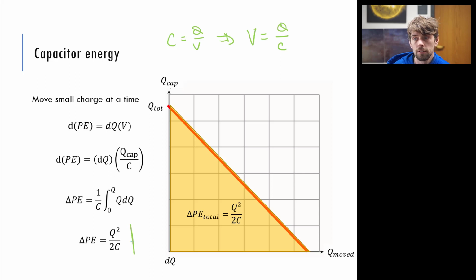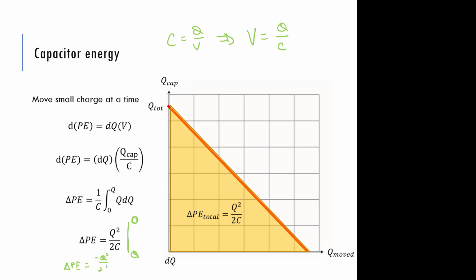What we have to remember is that we started off with a total charge of Q, and we ended with a total charge of 0. And so we evaluate at the upper limit and the lower limit, and we get that the change in potential energy is equal to negative Q squared over 2C. But we're going to use that idea now. Okay? So that's it for the energy stored in a capacitor.